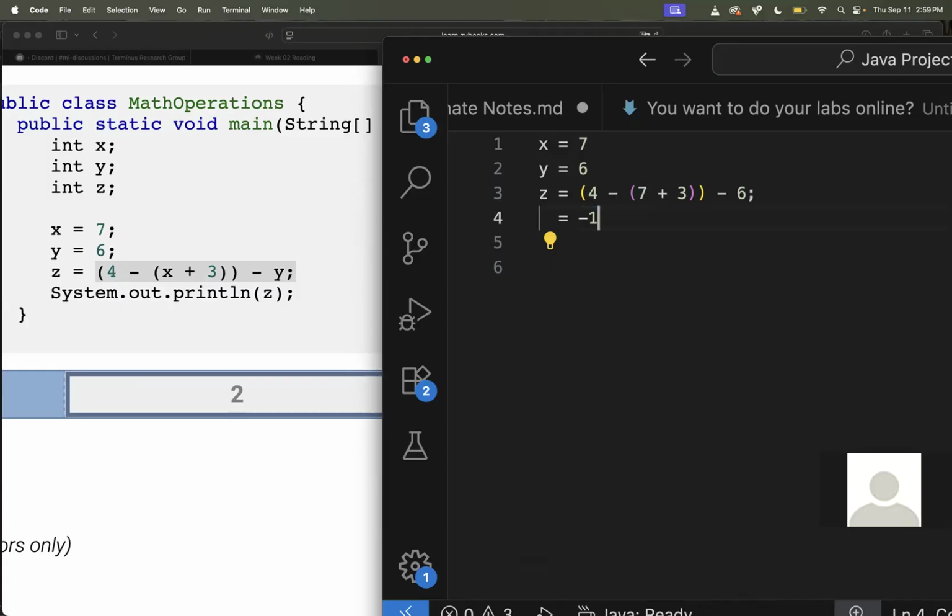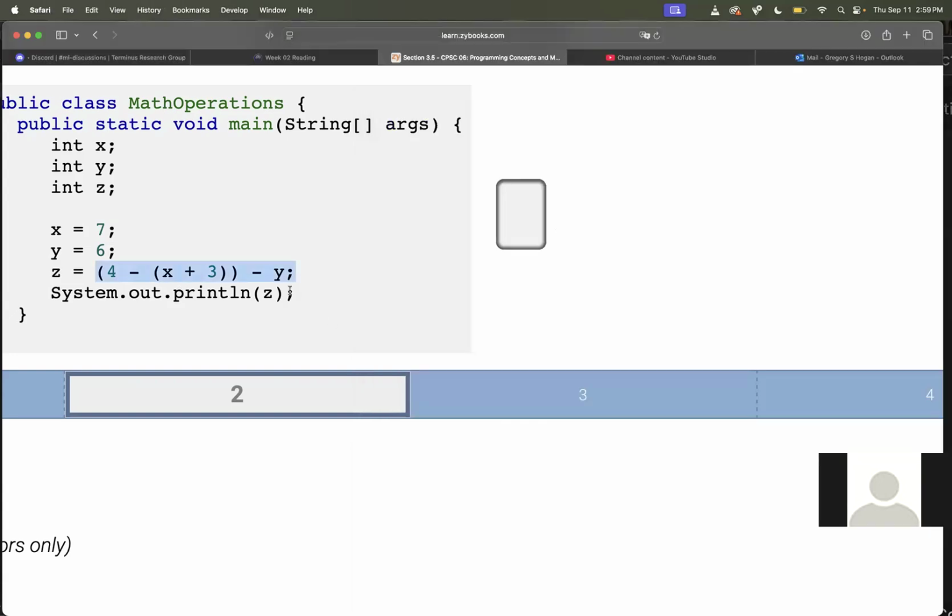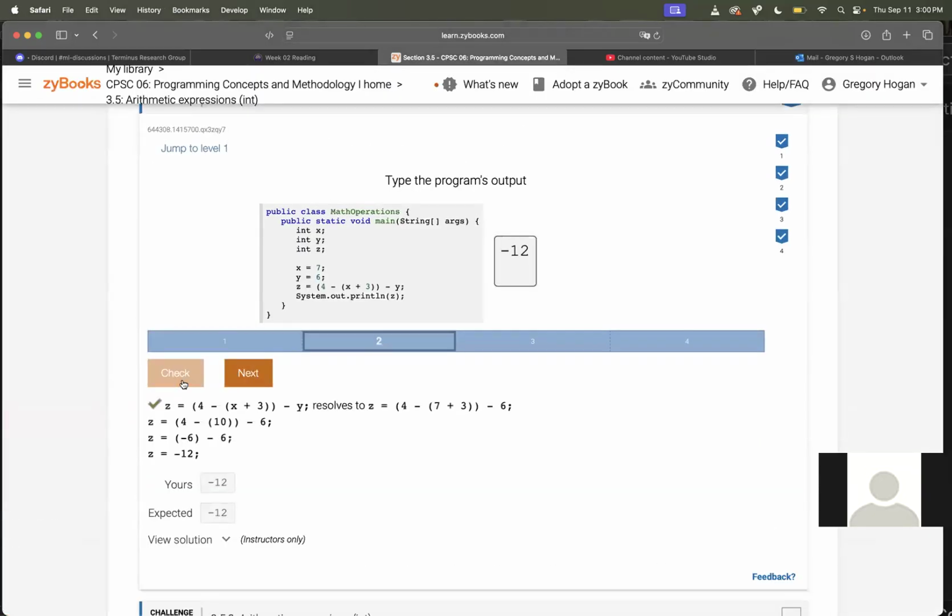It is negative 12. That's how I'll work it out. I get negative 12 here, and then I see System.out.println Z, but Z is negative 12. So it should be negative 12. And because this is a println, I have to remember to press enter at the end. Check. So they just did what I did.